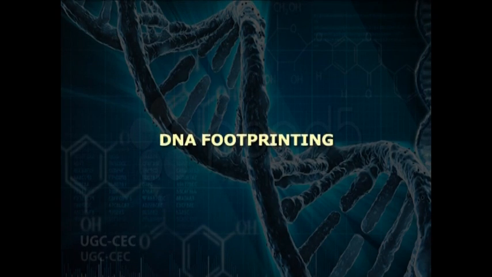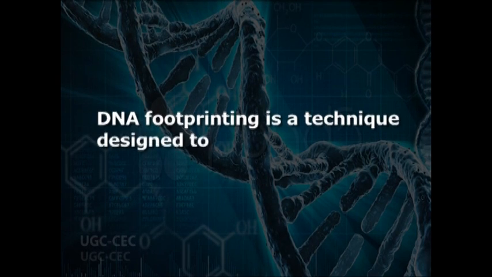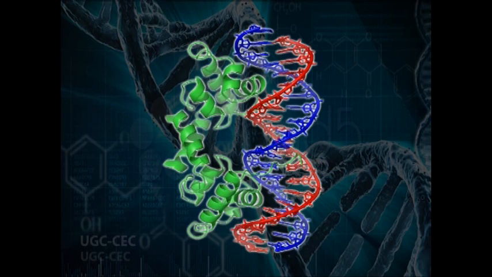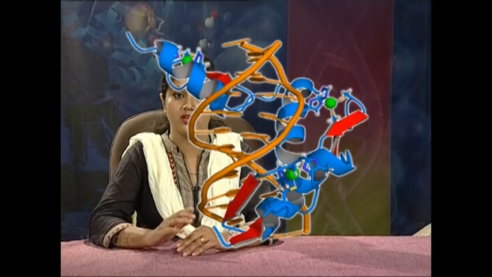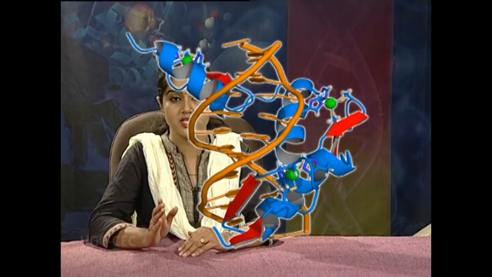Moving on to DNA footprinting. DNA footprinting is a technique designed to identify proteins bound to DNA. Several regulatory proteins bind to sequences on the DNA to trigger transcription. It also helps to identify sequences of DNA to which the particular protein has bound.